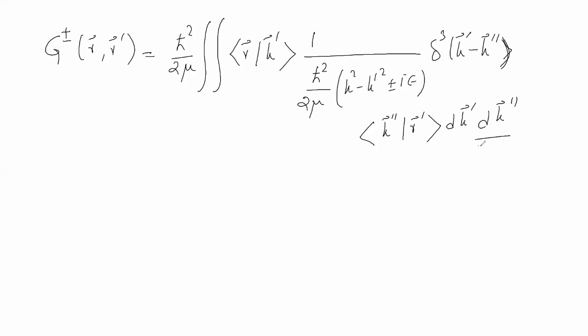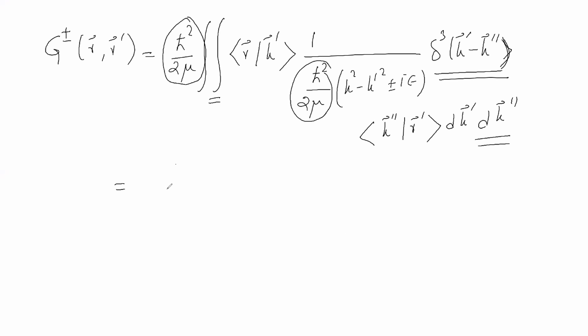And what I am going to do, I am going to use the delta function property that everywhere I should replace K double prime by K prime, and this part will be equal to 1. That means you see this is h cross square by twice mu in the denominator, and this is h cross square by twice mu in the numerator.